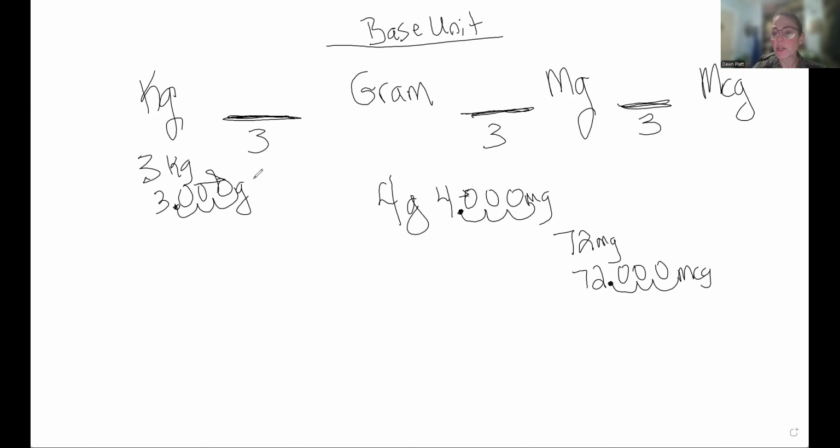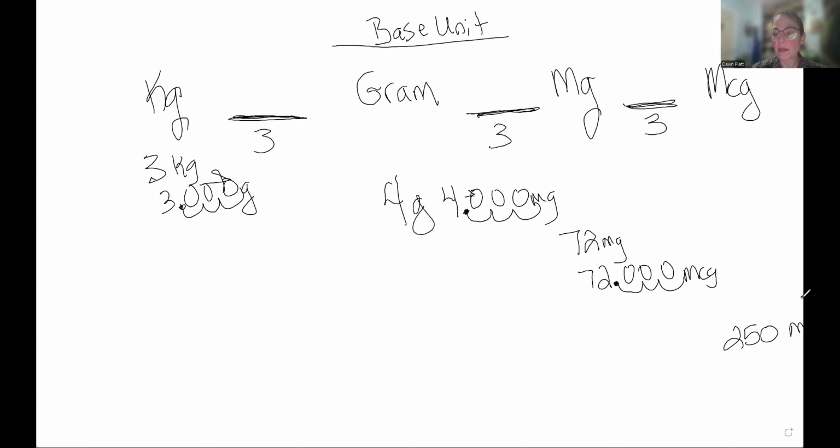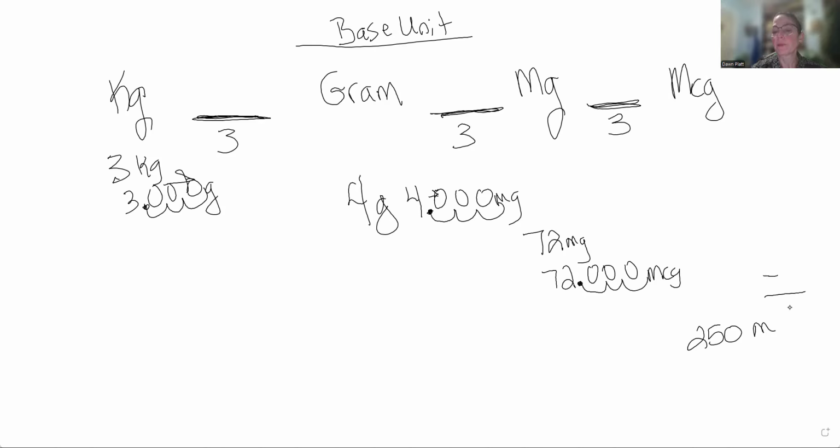However, if I'm going to start at the right of this little chart, let's say I have 250 micrograms, and I want to convert it into milligrams. Now my decimal place has to go to the left. My decimal place is right here. I'm going to move it over left, 1, 2, 3.